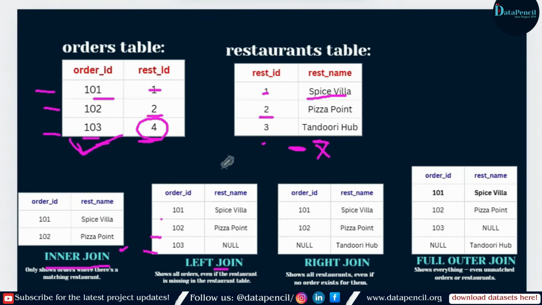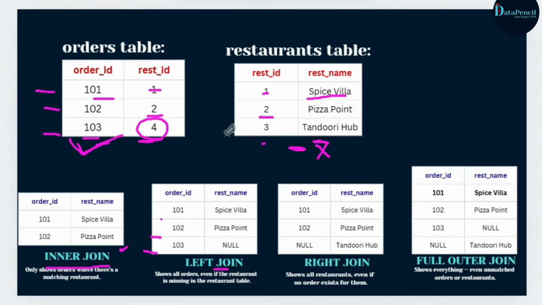Then the restaurant table will give the same answer, that I will show null to the users. So here you can see Spice Villa, Pizza Point, because restaurant ID 1 and 2 are here, and restaurant ID 3's value is also here, Tandoori Hub. But its order ID is missing. It is not here, so it is showing null to us.